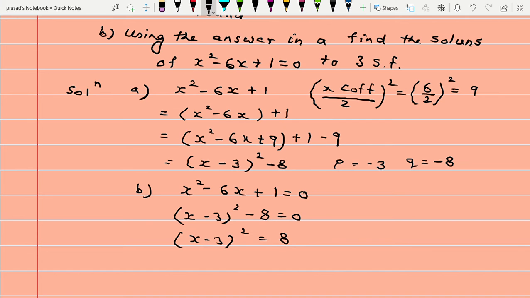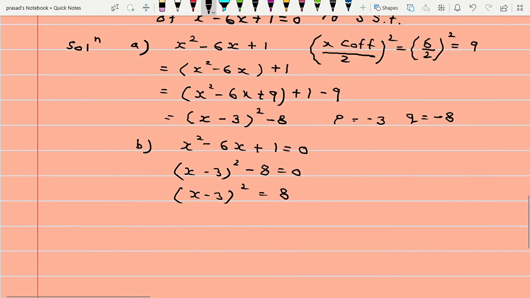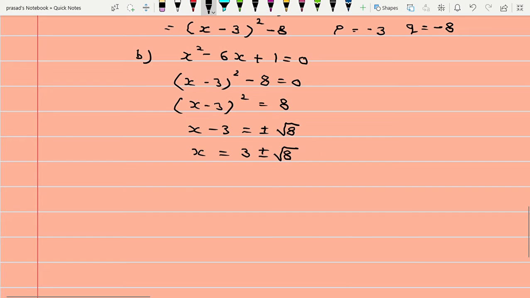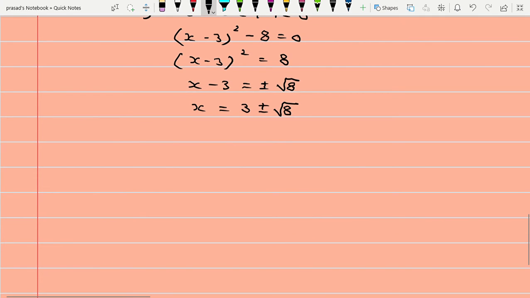Now you take the square root. So x minus 3 is plus or minus square root of 8. So x is equal to 3 plus or minus square root of 8. That means the two roots of this equation are x is equal to 3 plus root 8.